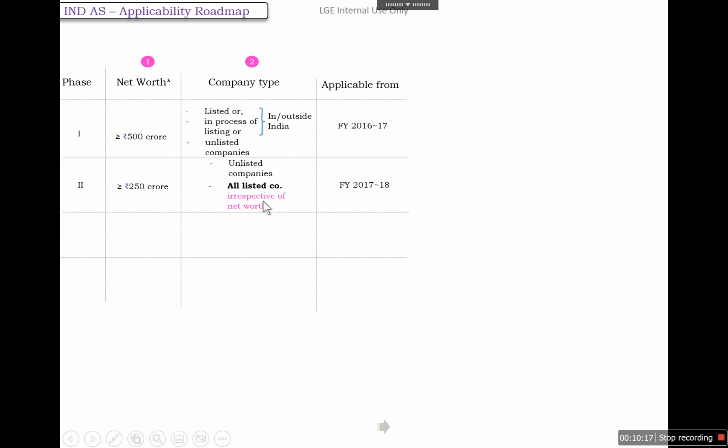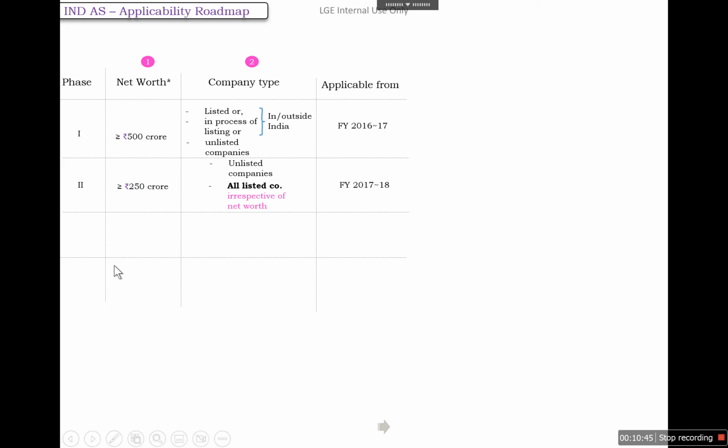So all the listed companies, irrespective of the net worth, have Ind AS applicable since financial year 17-18, and the net worth clause remains important only for the purpose of unlisted companies. For unlisted companies we need to check the net worth, otherwise all the listed companies have to follow Ind AS since financial year 17-18.